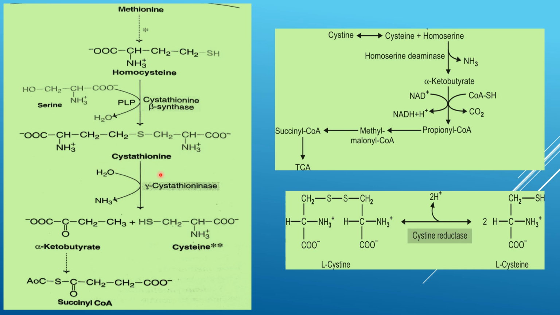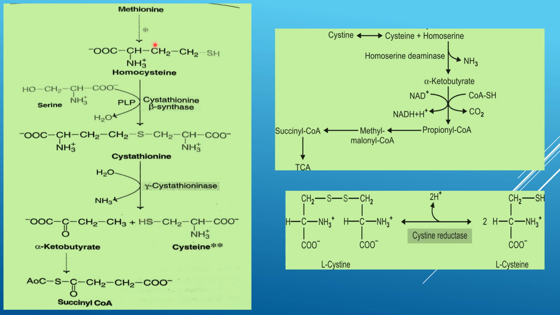Further, cystathionine in the presence of the enzyme gamma cystathioninase converts into two important fragments. One is alpha ketobutyrate, which further converts into succinyl coenzyme A with a set of a few reactions in between. Then cysteine is the other fragment, which is a non-essential amino acid.